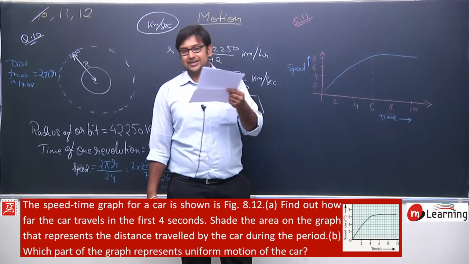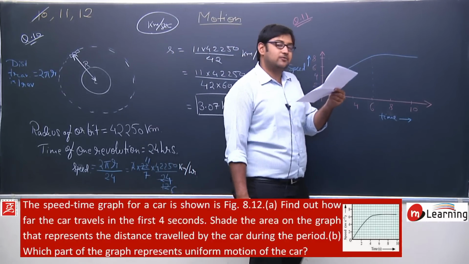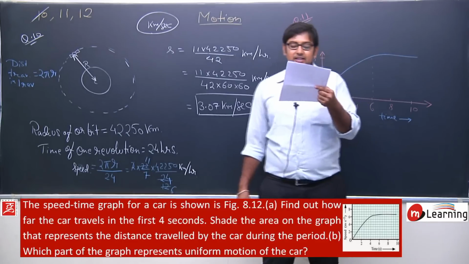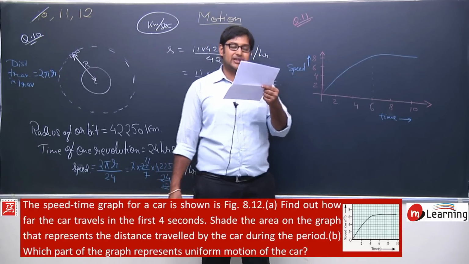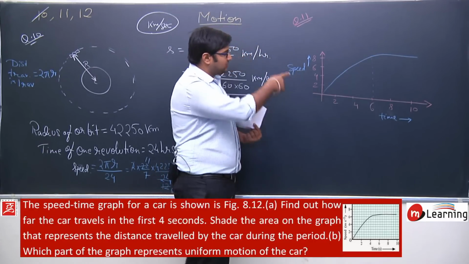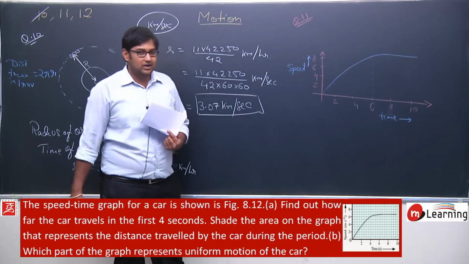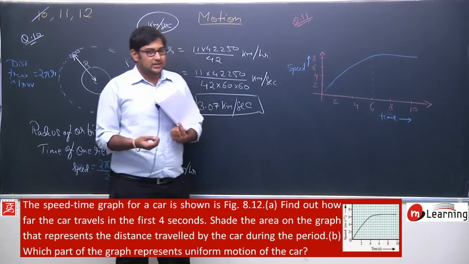Try to understand the question. It says, shade the area on the graph that represents the distance traveled by the car during this period. So in 4 seconds, how far the car has traveled, you need to shade the area.